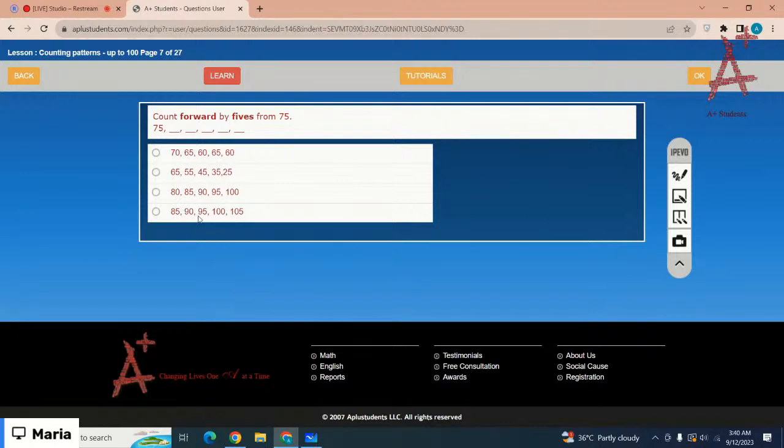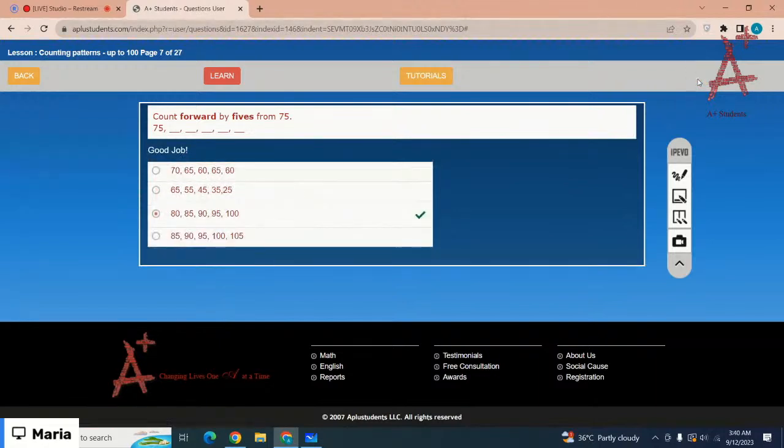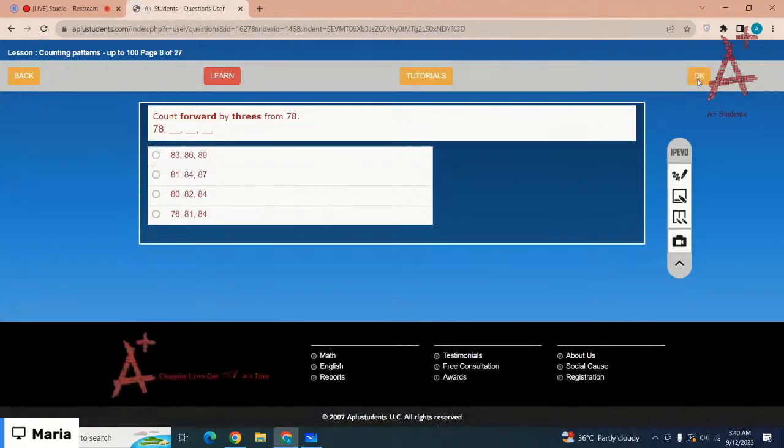So that would be option number 3. Very good: 80, 85, 90, 95, and 100. Count forward by threes from 78. You start with 78 and count forward by threes.